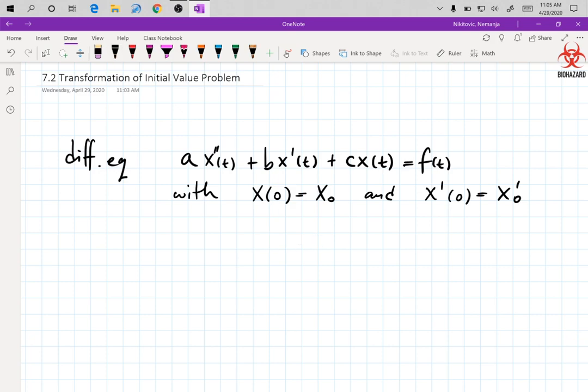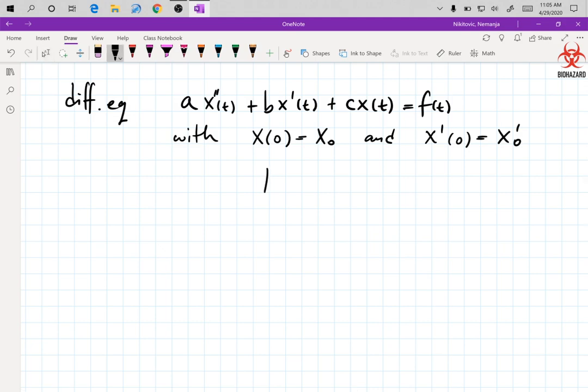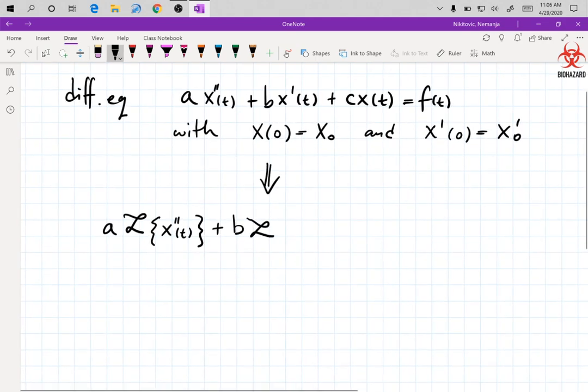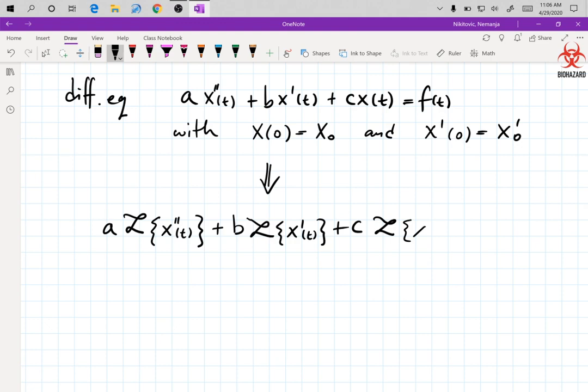You've seen that before. We'll transform it into a Laplace transform of x double prime of t, plus b times the Laplace transform of x prime of t, plus c times the Laplace transform of x of t, equals the Laplace transform of f of t.